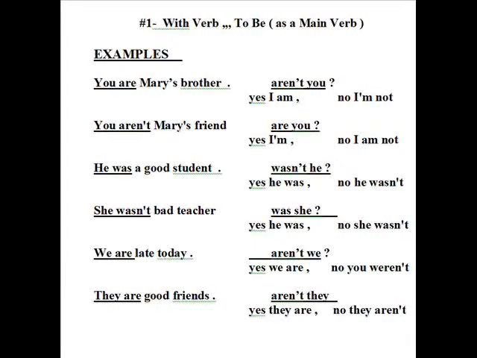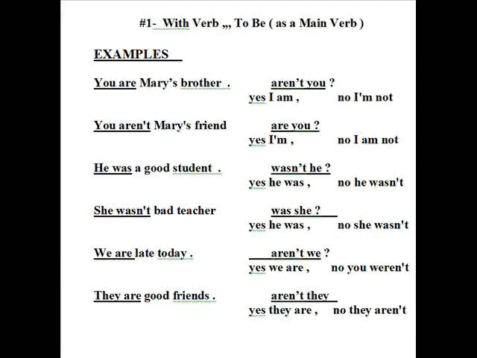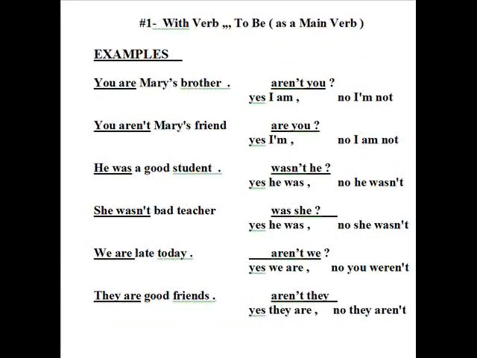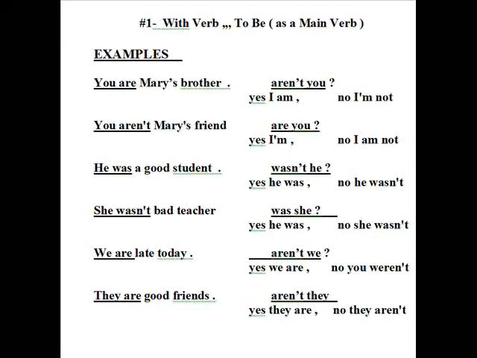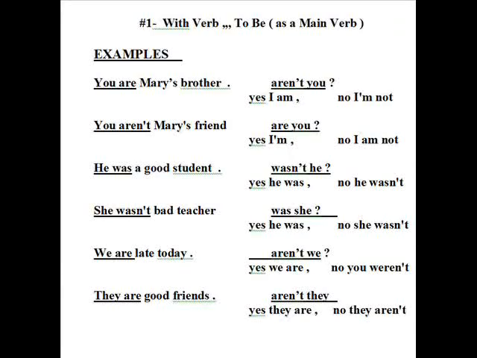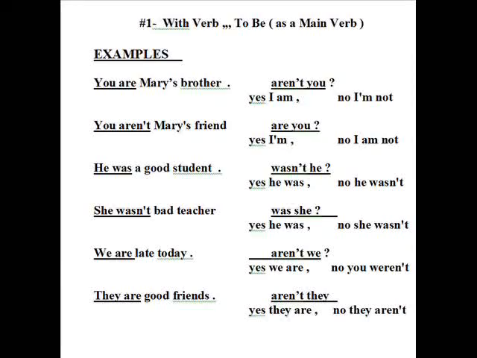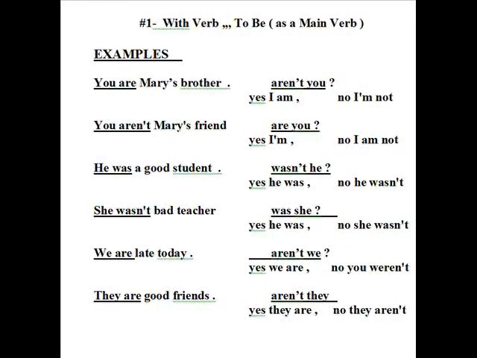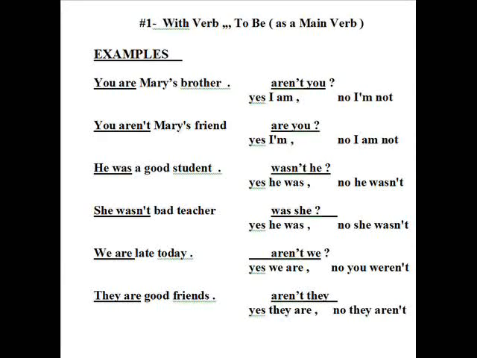You aren't Mary's friend. Are you? Yes, I am. No, I am not. Notice here the two sentences. First one, you are Mary's brother. It's affirmative, and the question must be in the negative. But the second one, you are not Mary's friend, the question should be in the affirmative.